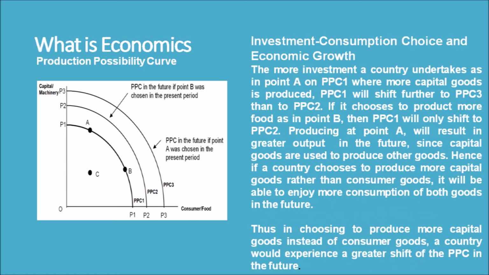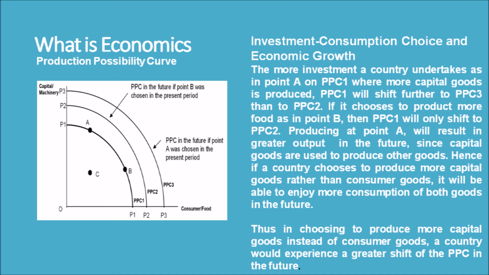Investment, consumption choice and economic growth. The more investment a country undertakes, as in point A on PPC1 where more capital goods are produced, PPC1 will shift further to PPC3 than to PPC2. If it chooses to produce more food as in point B, then PPC1 will only shift to PPC2.